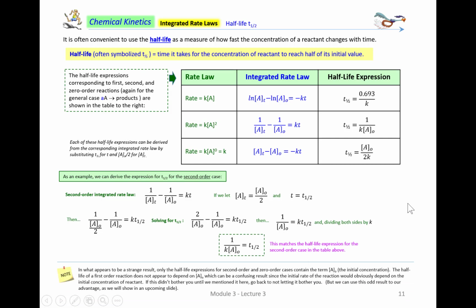Now, in what appears to be a strange result, only the half-life expressions for the second-order and the zero-order cases contain the term A0.